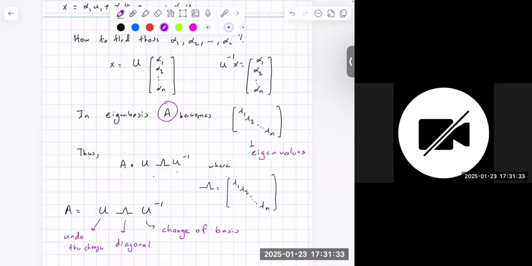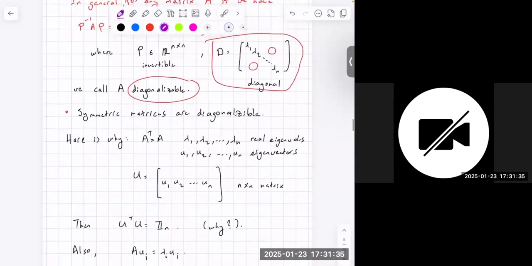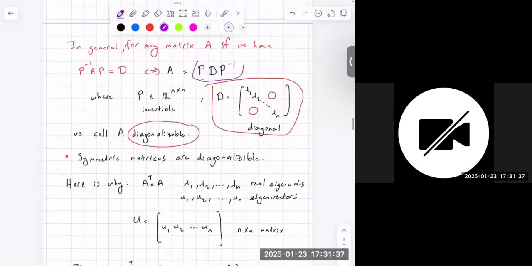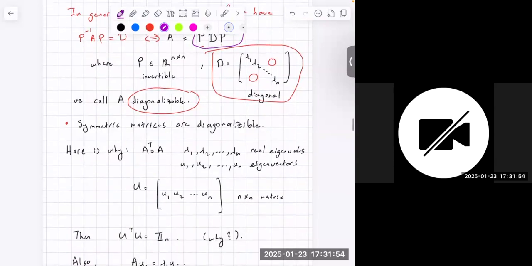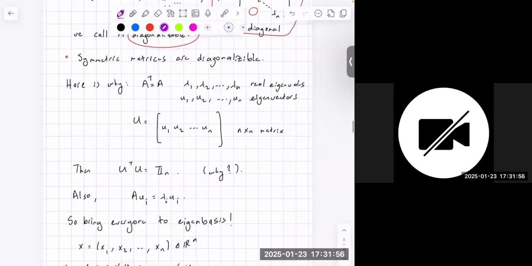And the matrix P here, which makes clear your matrix is diagonalizable, is going to be given by the eigenvectors. So as soon as you have a symmetric matrix, the eigenvalues and eigenvectors show you that it is diagonalizable, and you can track down what it is going to do using them. So this is how it is going to look.